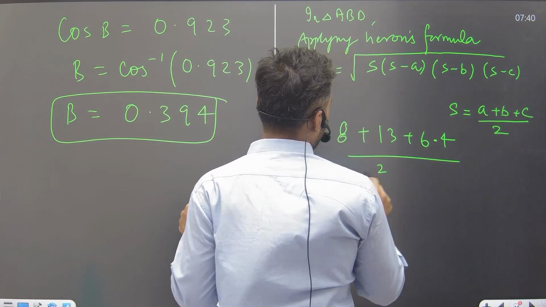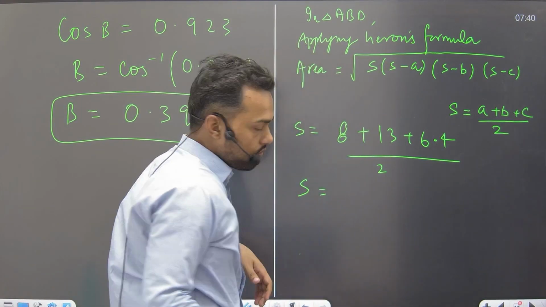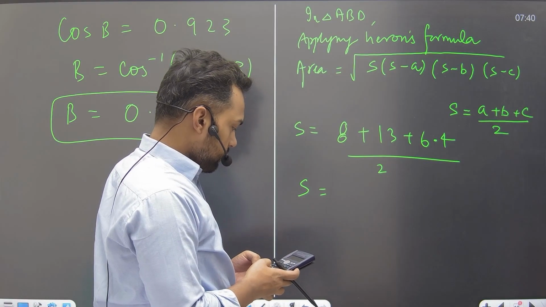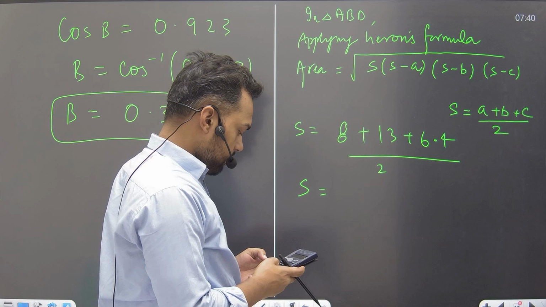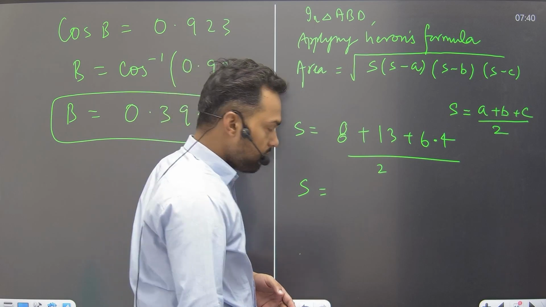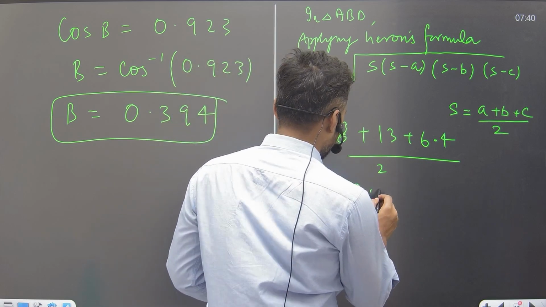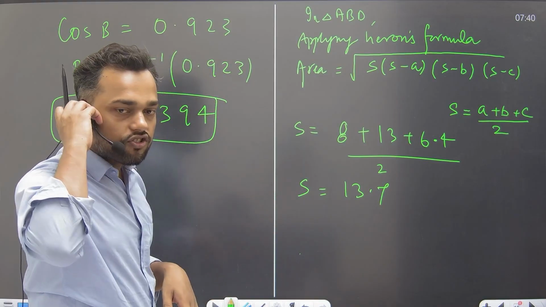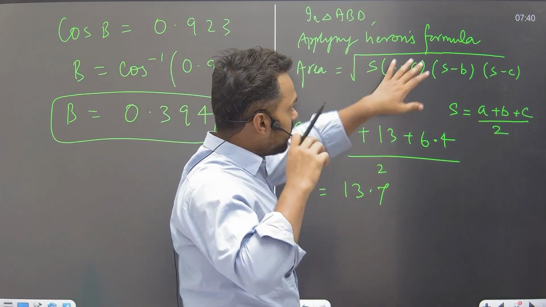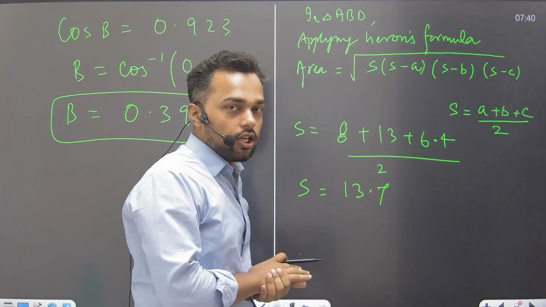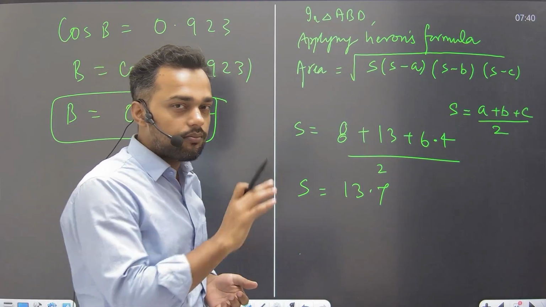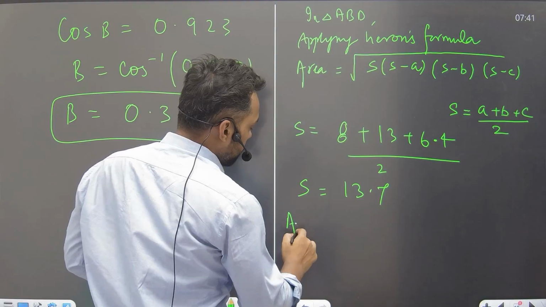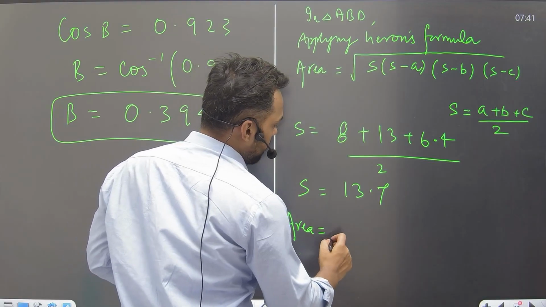So after we calculate it, the value of s equals to 8 plus 13 plus 6.4 divided by 2 will be 13.7. This is the semi perimeter of a triangle. This is the Hero's formula for calculating the area of a triangle where the side measurements are known. Now plugging the values, we will get the area.